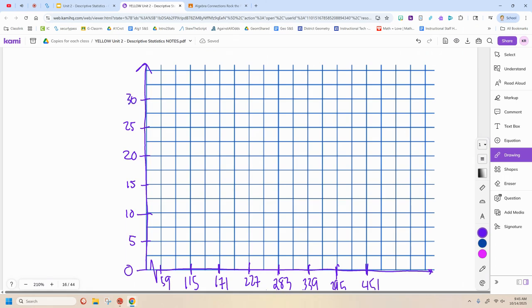If you're making a cumulative frequency histogram, this is not just frequency, this is cumulative frequency. So we've done tick, tick, label, label, label, except for we have not done a title yet.